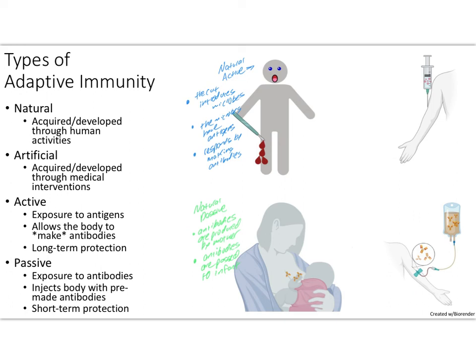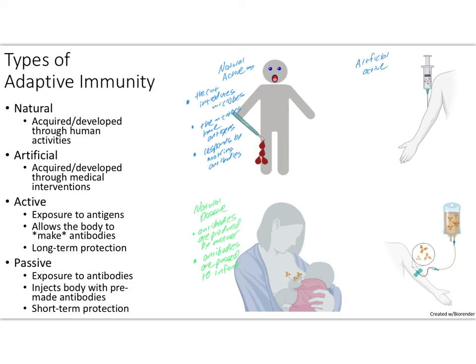Now our next type is artificial active. Artificial means we're using some kind of medical procedure, and active means we're forcing the body to make antibodies itself. So in this type of immunity, we expose someone to an antigen and force their body to make antibodies as a result.